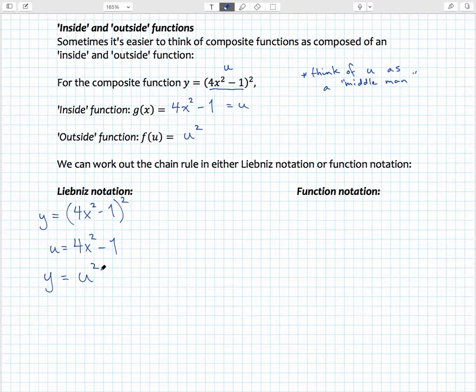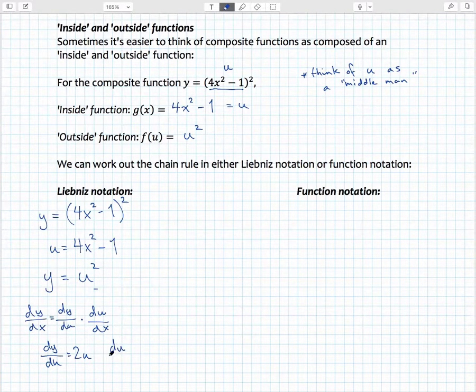And now, remembering the chain rule in Leibniz form, we said that dy/dx was equal to dy/du times du/dx. So again, when we take our derivative of y with respect to u, looking at this equation here, we know that dy/du is simply 2u, and then du/dx, coming from this top equation, is equal to 8x, taking the derivative of 4x squared minus 1.